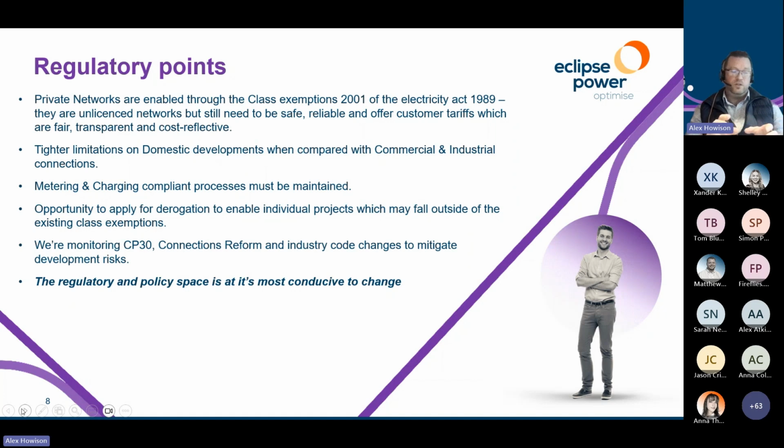The class exemptions, and I think it's class B, also stipulate a maximum level of a single generation source within those microgrids. So for the moment, you're probably looking at domestic microgrids and private networks being limited to about 150 to 200 homes.